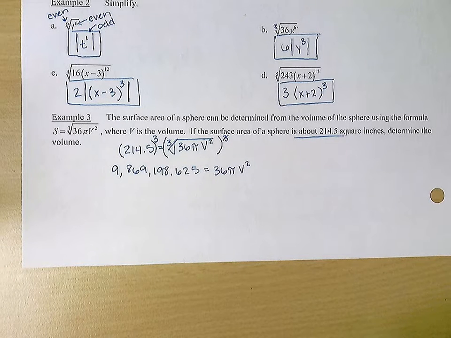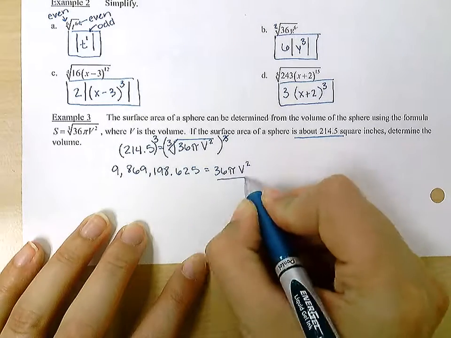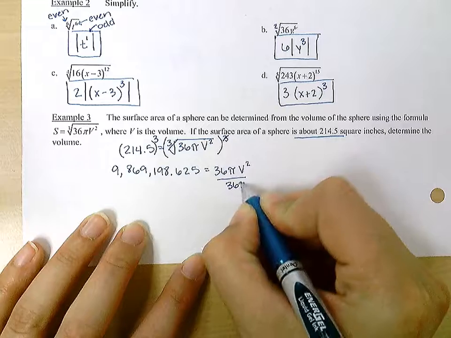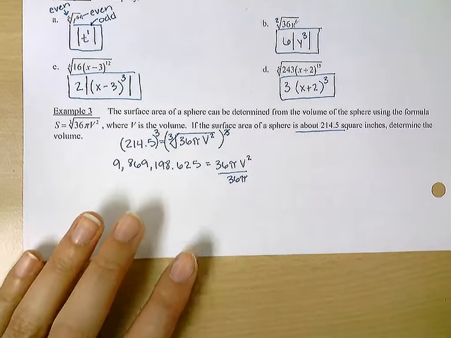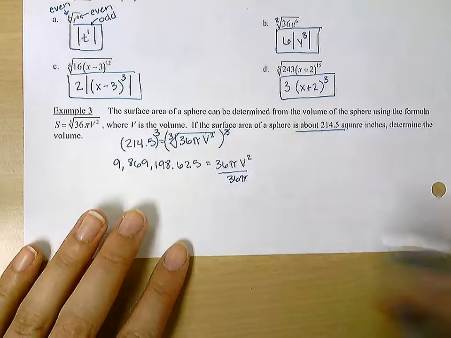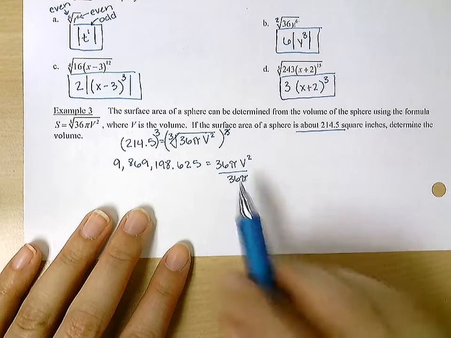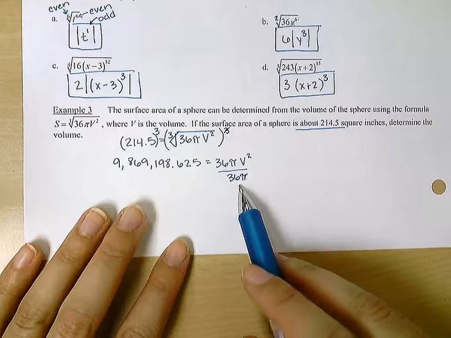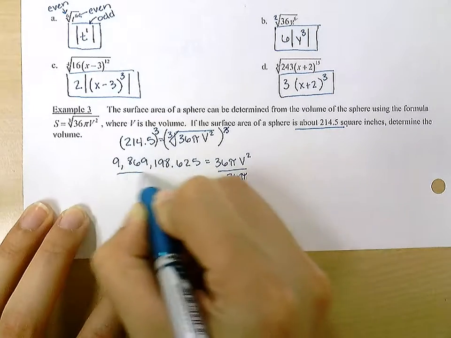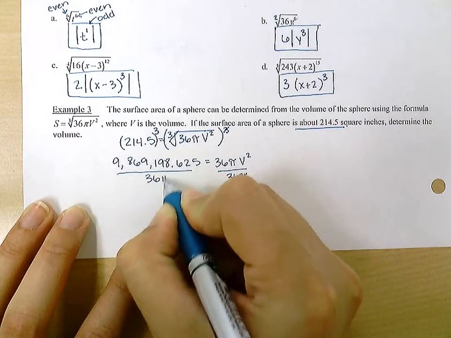So what should my next step be? Don't subtract. I can divide by 36 pi. Okay, 36 pi is multiplied into v squared, so that opposite operation would be to divide it out. Okay, so I'll divide both sides by 36 pi.